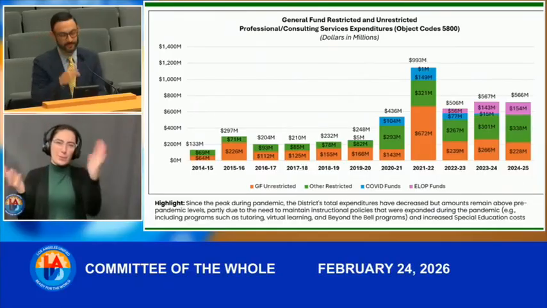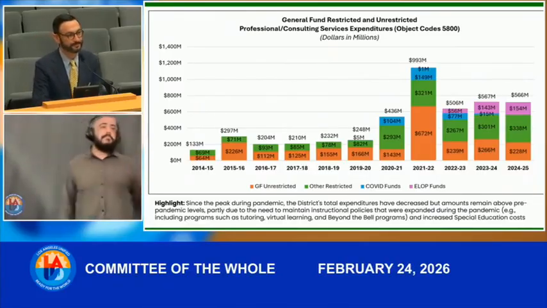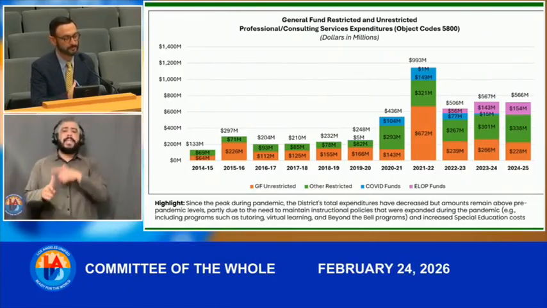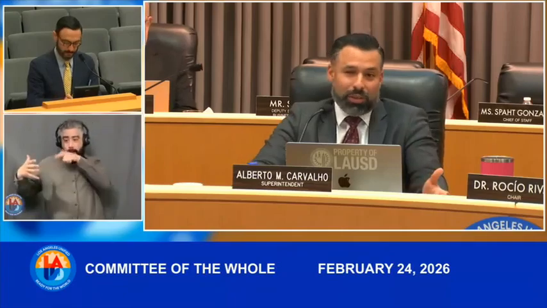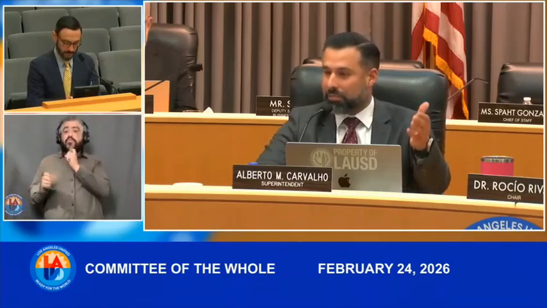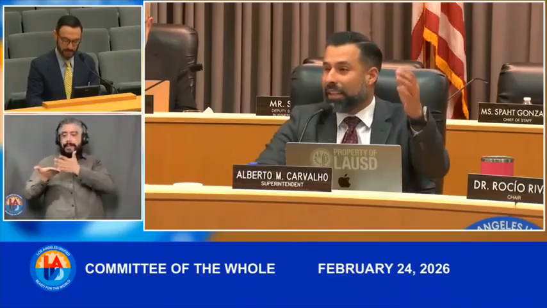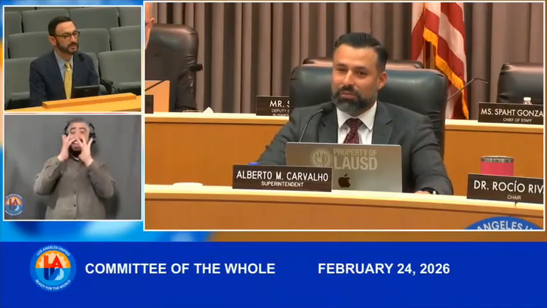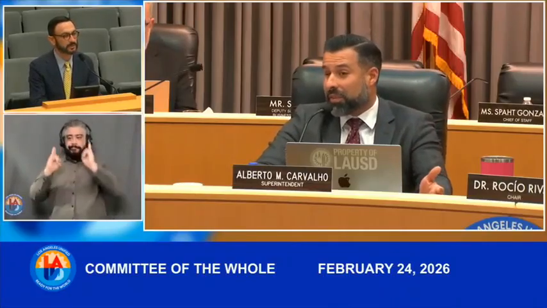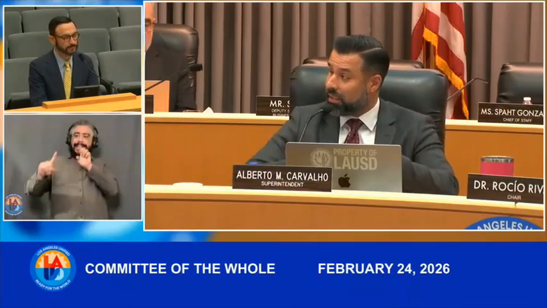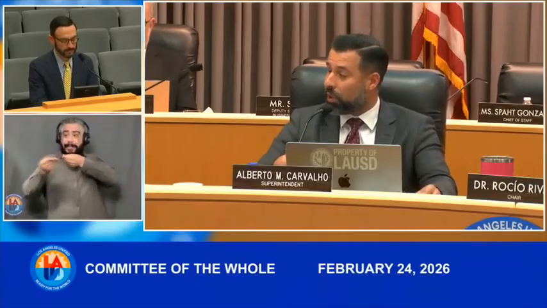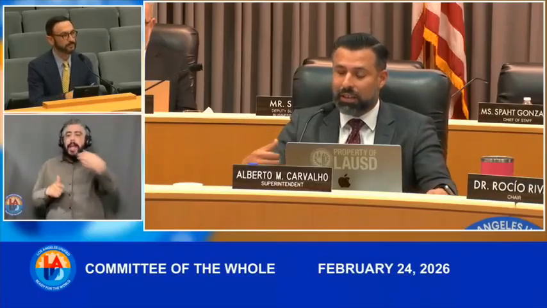Generally, it comes down to what the definition of tech is, right? When you look at the category, you can look at tech as hardware and devices, so you're thinking about laptops, iPads, et cetera. Network infrastructure, some of which is reimbursed through E-rate, so it shows as a spend here out of general fund, but then we get reimbursed from the federal government to offset that cost.